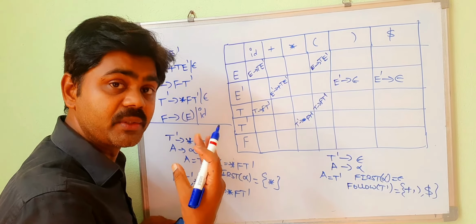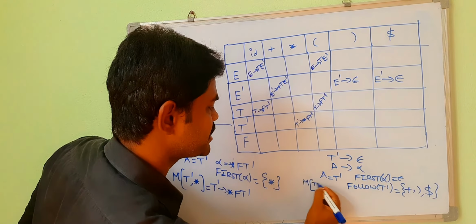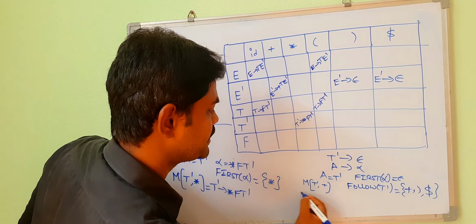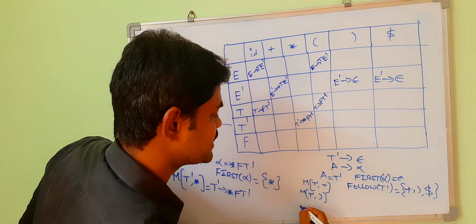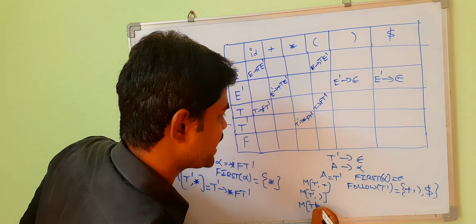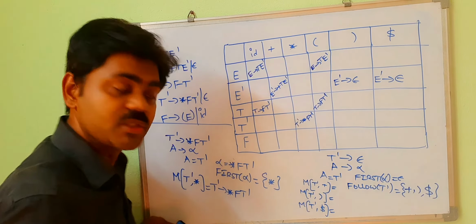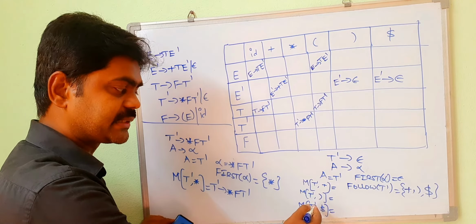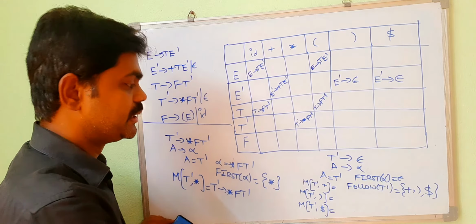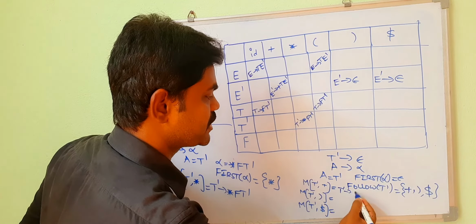So here we get three rules. M of T dash comma plus, M of T dash comma right parenthesis, M of T dash comma dollar. For M of T dash comma plus we should write A tends to alpha, that is T dash tends to epsilon.